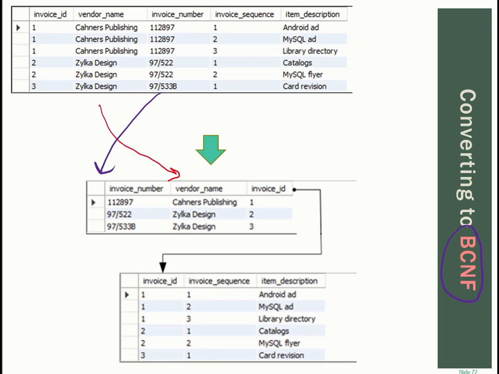So the book moved it to second normal form, but they also moved it ahead of Boyce-Codd normal form, which we'll talk about later. The key difference is that the invoice number is part of a candidate key, and therefore it can remain in this table and still be in second normal form.